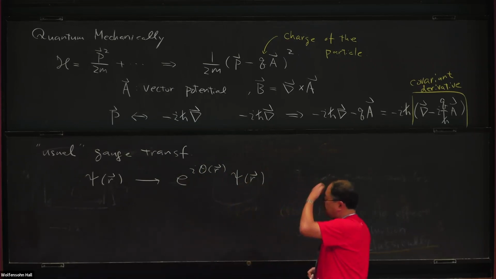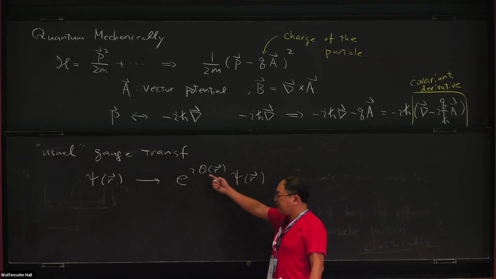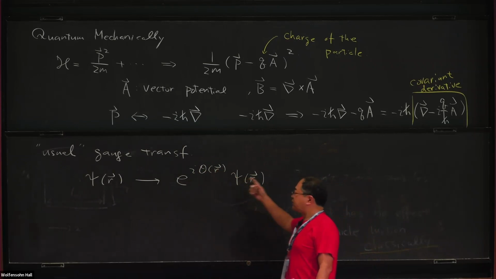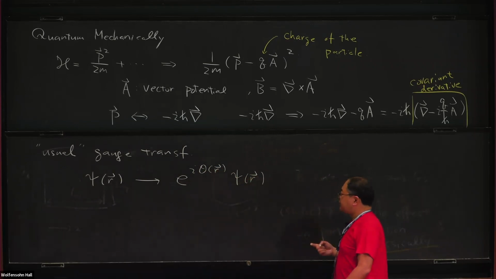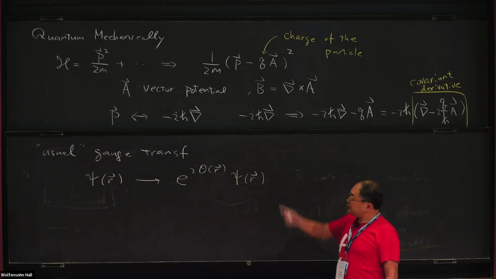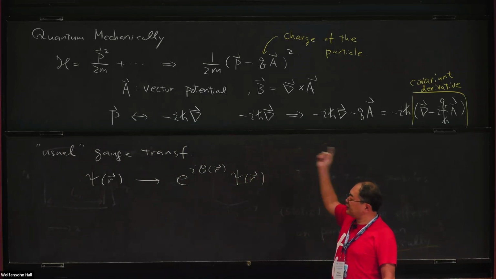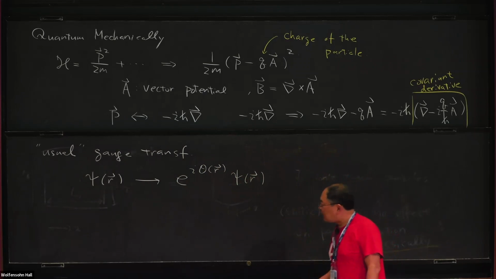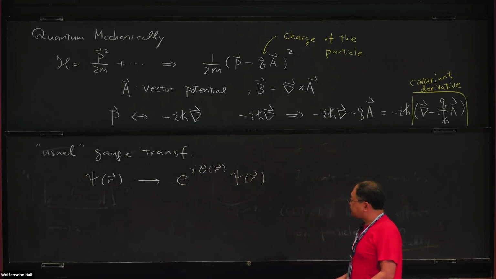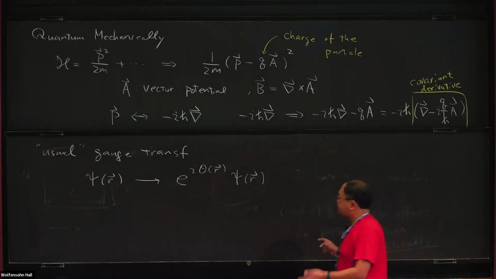So this is a usual gauge transformation, and usually this theta is a single valued function of location. But in order to eliminate this unit flux quantum, this gauge transformation should be topologically non-trivial.